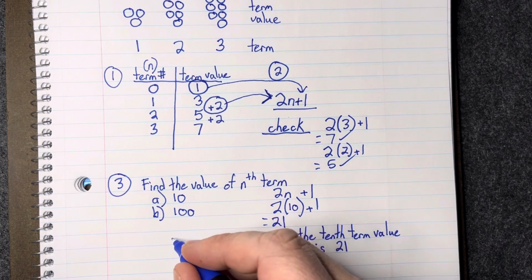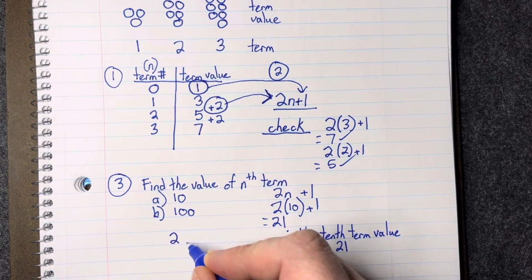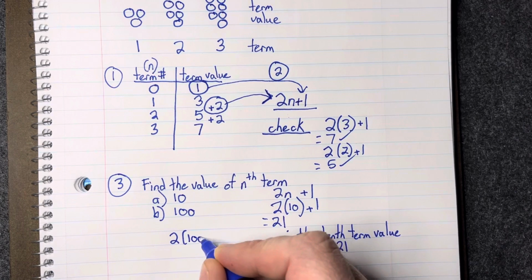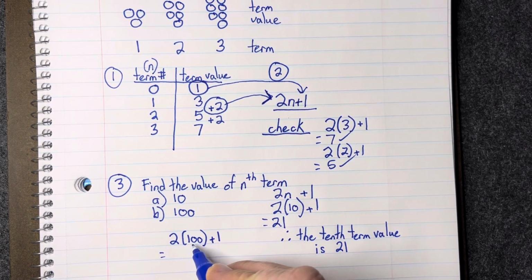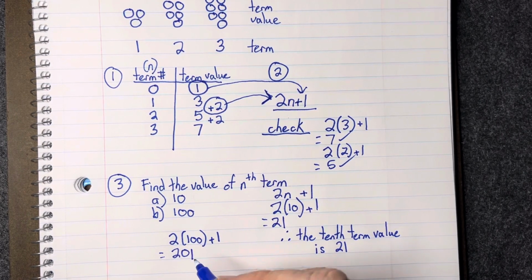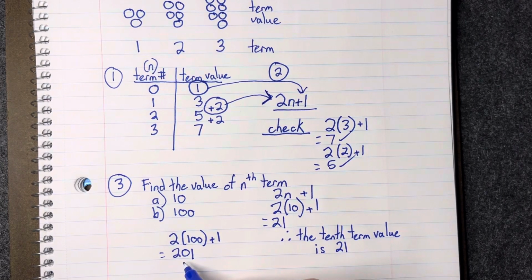And of course, we'll just do b right here. Plus 1. 2 times 100 is 200. Plus 1, 201. So the 100th term is 201.